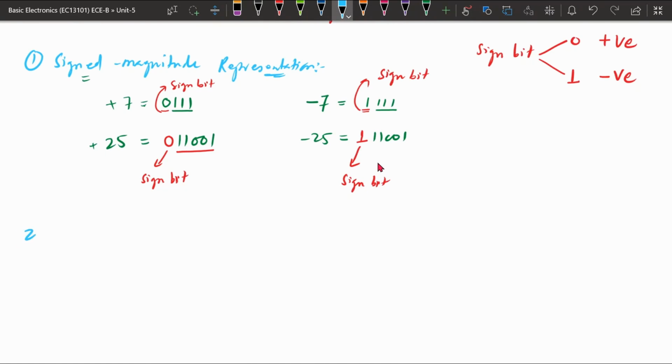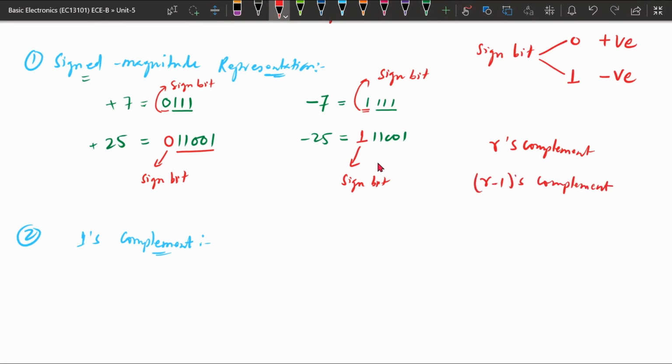The next one is 1's complement representation. Complement representation is basically used for representing a negative number. Along with 1's complement, another one is 2's complement. In a general sense, we can call it r's complement and r minus 1's complement.